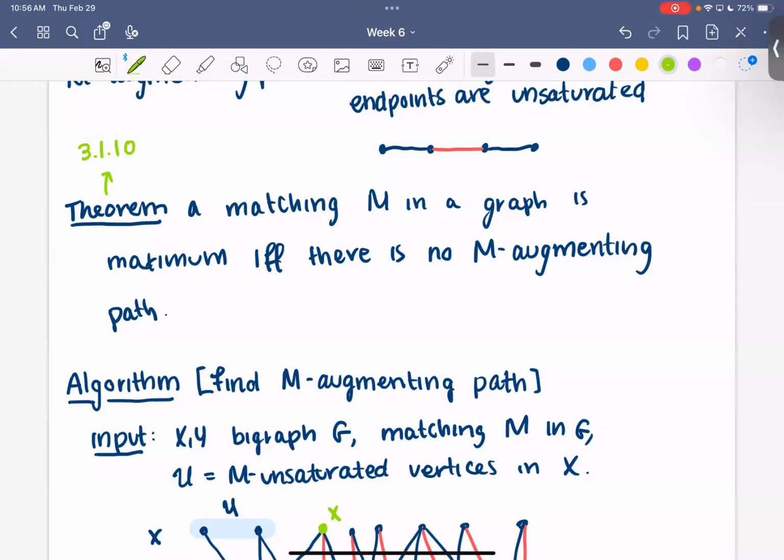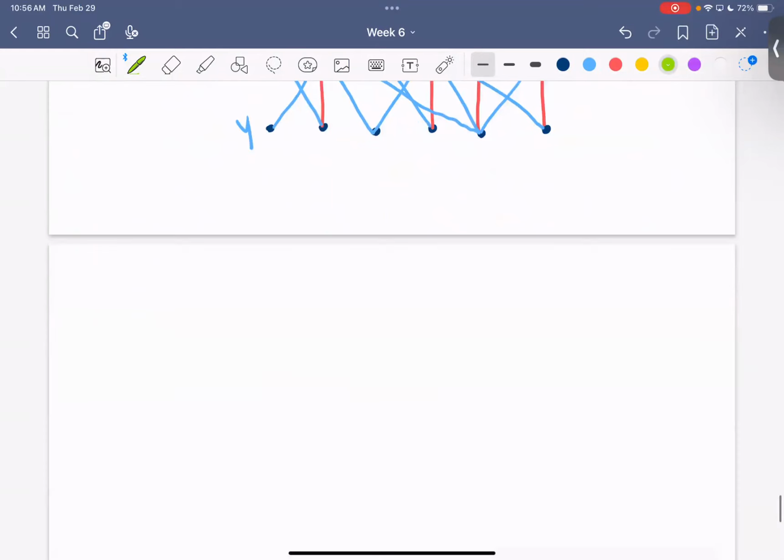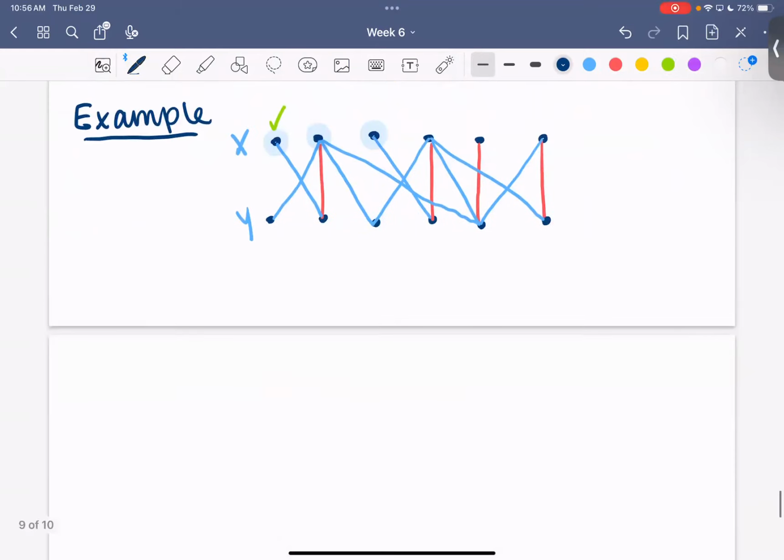So the next step, to find a maximum matching, we need to repeatedly apply this algorithm. That's going to be the next theorem, I guess.